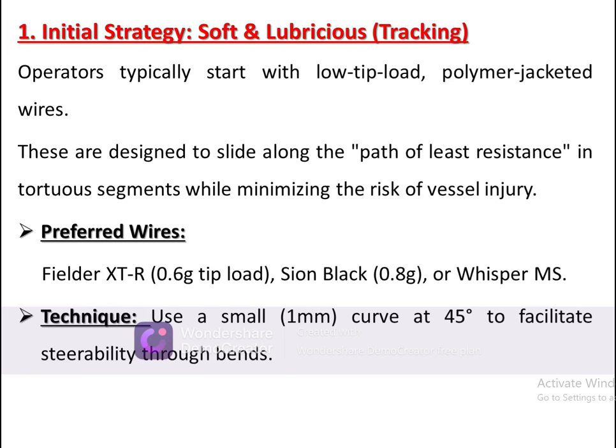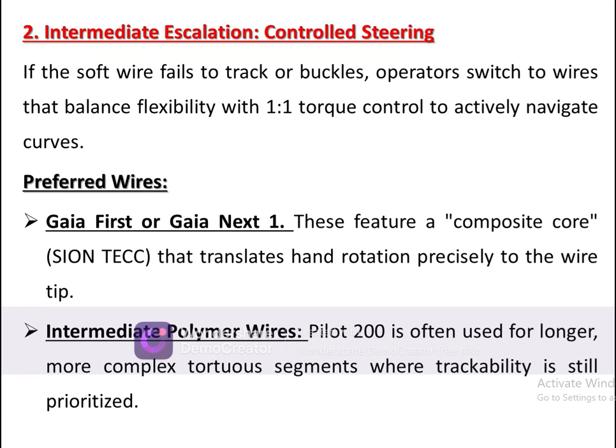These are designed to slide along the path of least resistance in tortuous segments while minimizing the risk of vessel injury. Preferred wires: Fielder XTR with 0.6 gram tip load, and Sion Black 0.8 gram, or Whisper MS. Technique uses a small 1 millimeter curve at 45 degrees to facilitate steerability through bends.